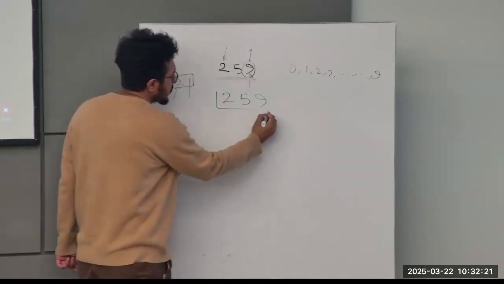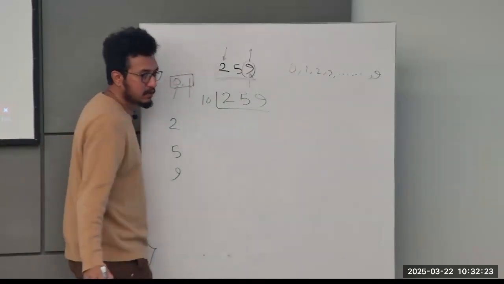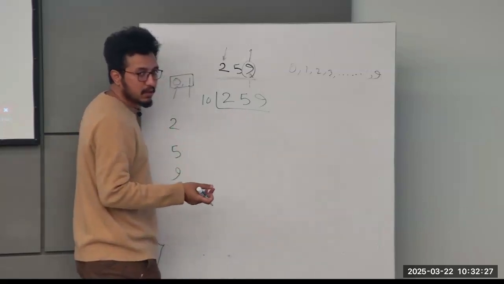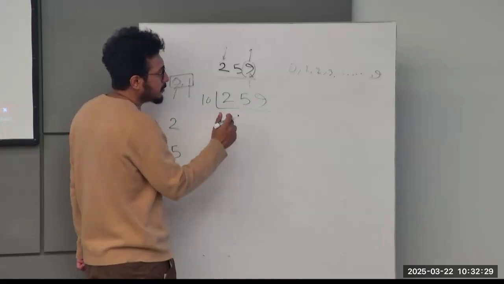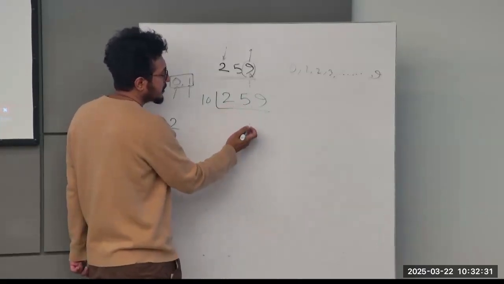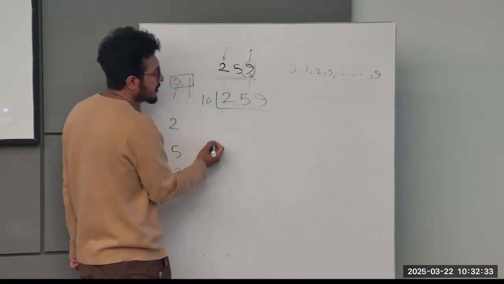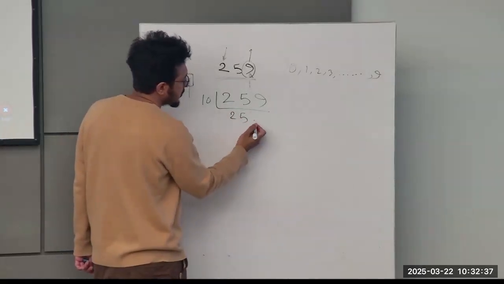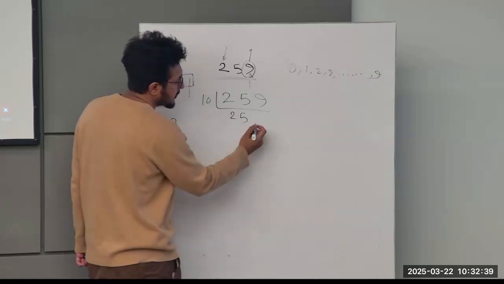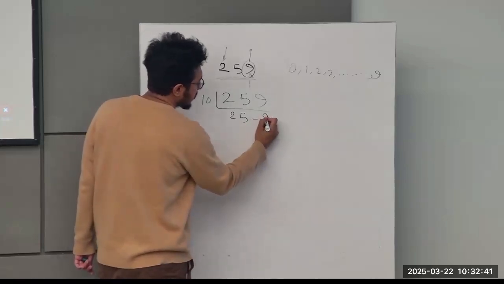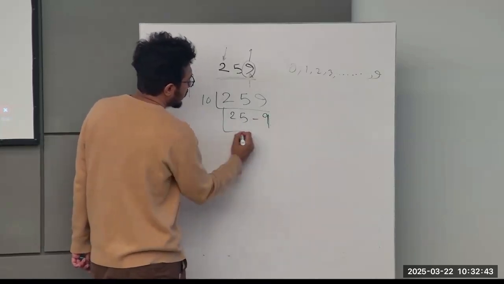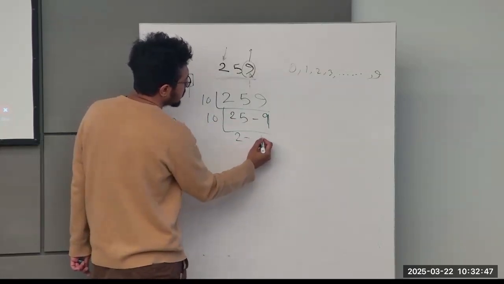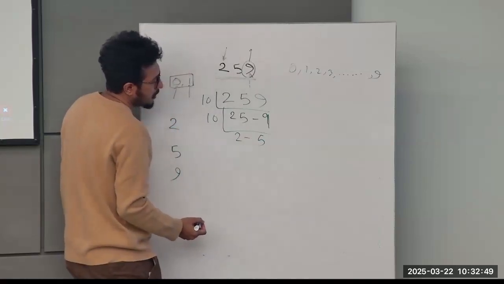You can just divide it by 10. If you divide it by 10, what is the remainder? Dividing 259 gives 25 as the result, and 9 is the remainder. Then if we divide 25 by 10, we have 2 as the result and 5 as the remainder.